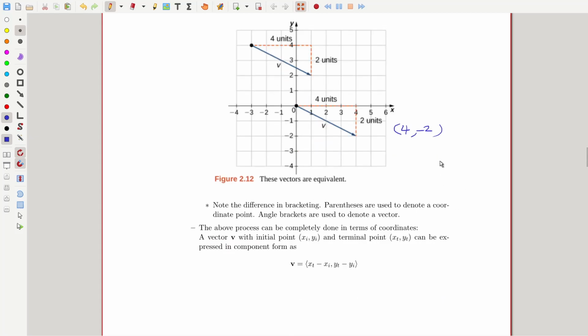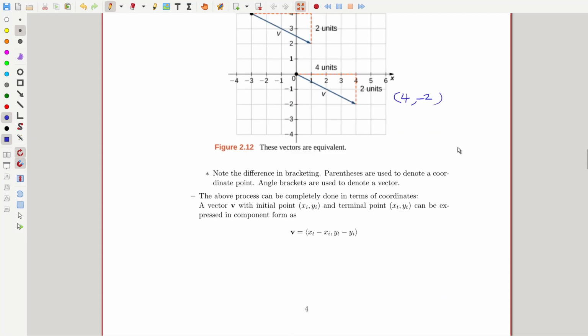And yes, the bracketing is important. Now here's another thing. Now that we're imposing a coordinate system, it's good to get away from doing things geometrically. We can avoid the geometry. Say you have a vector with initial point at the coordinate xi, yi, and terminal point at xt, yt.